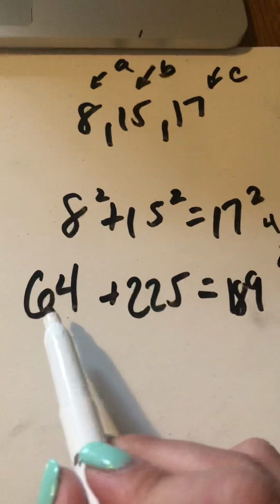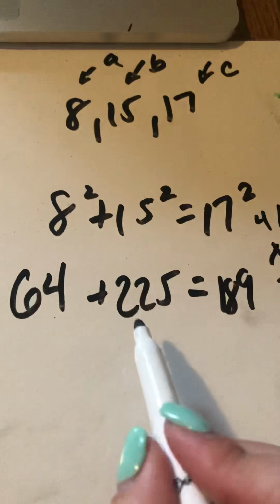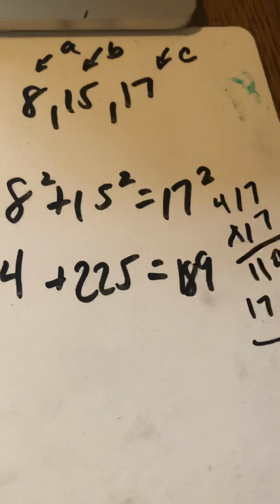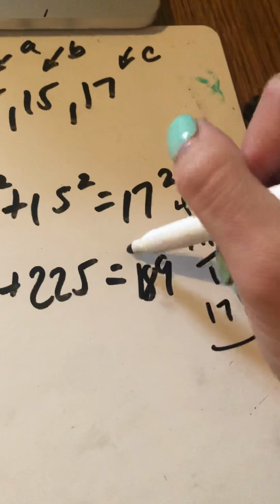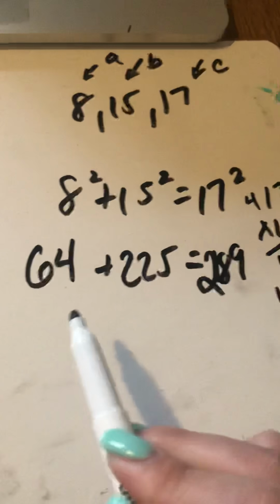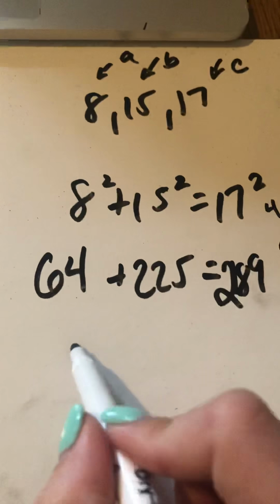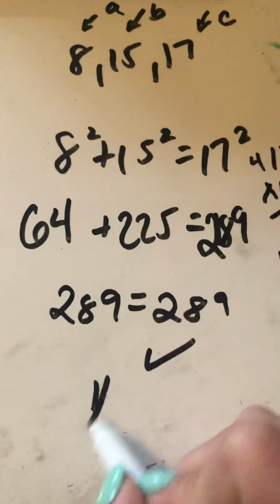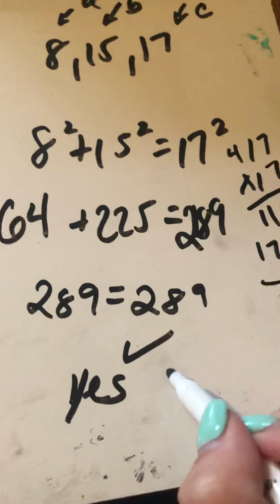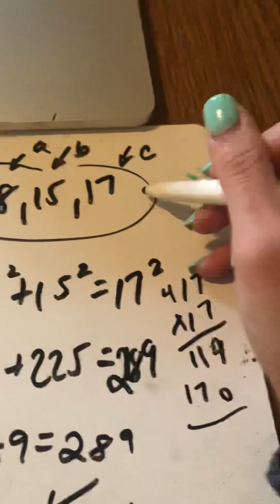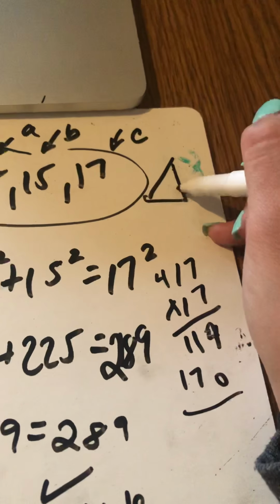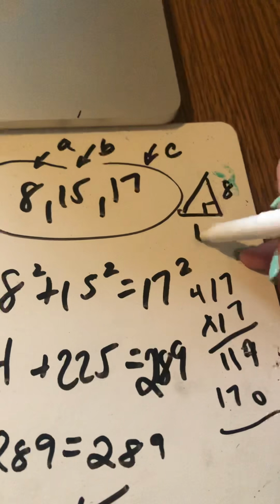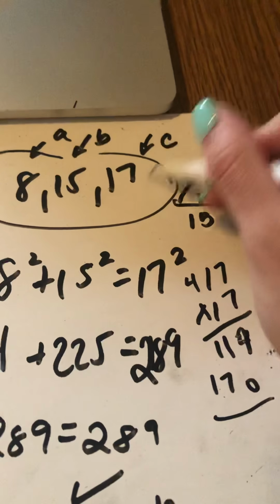So does this plus this equal 289? 64 plus 225 is 289, and 17 squared is 289. So yes, this does work. 289 equals 289. So this is a Pythagorean triple. This does satisfy the equation. So we can make this into a legit right triangle. It works. Okay? So that's what you're doing for number 9.